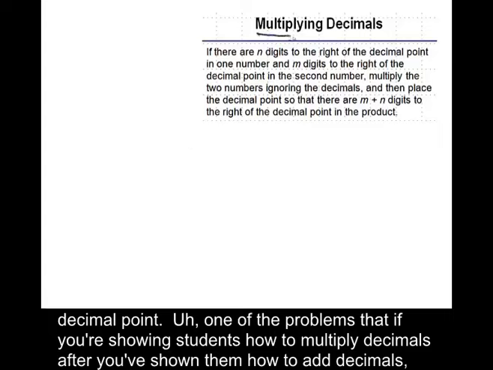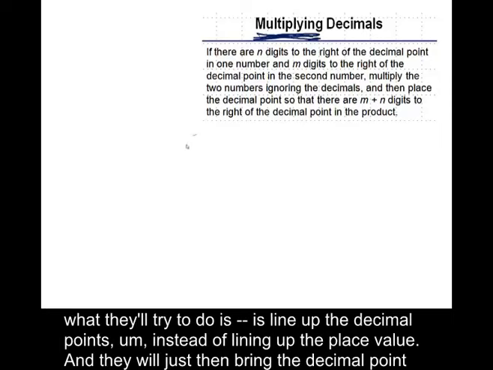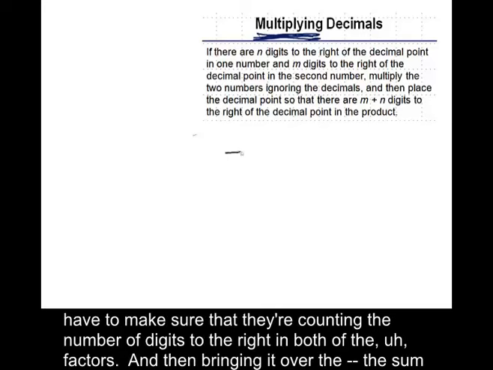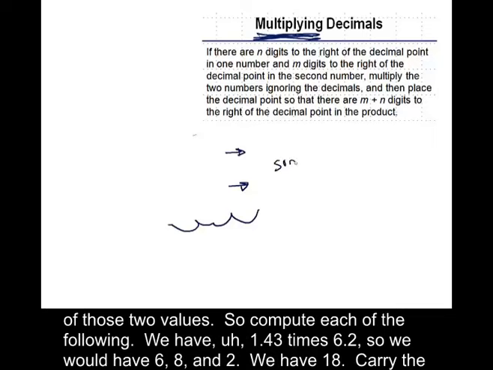One of the problems if you're showing students how to multiply decimals after you've shown them how to add decimals is that they'll try to line up the decimal points instead of lining up the place value, and they will just bring the decimal point straight down rather than understanding that what we're really talking about is place value and not worrying about the decimal point. So you have to make sure that they're counting the number of digits to the right in both of the factors and then bringing it over the sum of those two values.